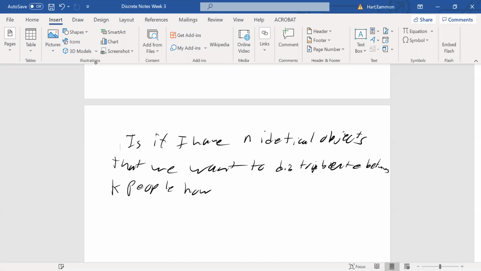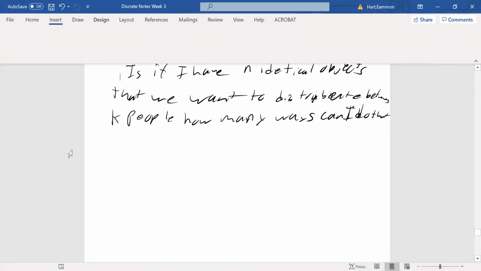How many ways can I do that? It's a bit surprising that we get this formula, but it's actually n minus 1 choose k minus 1.